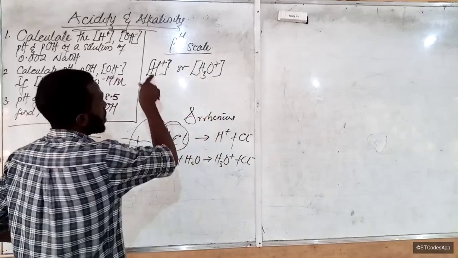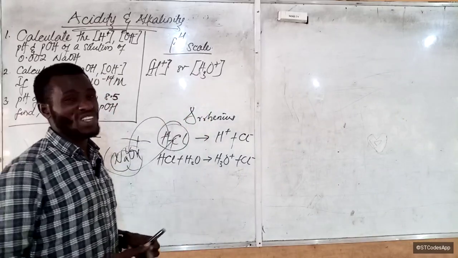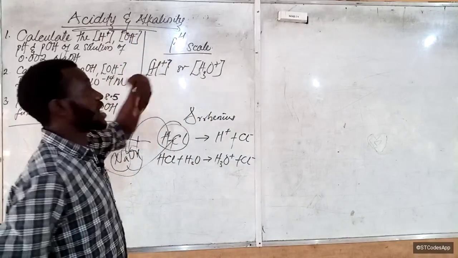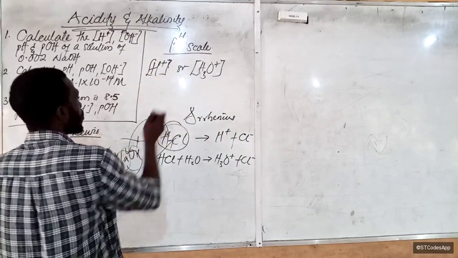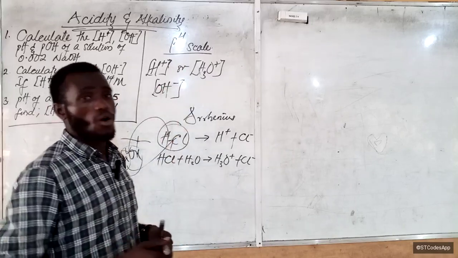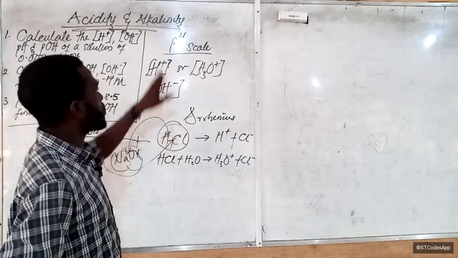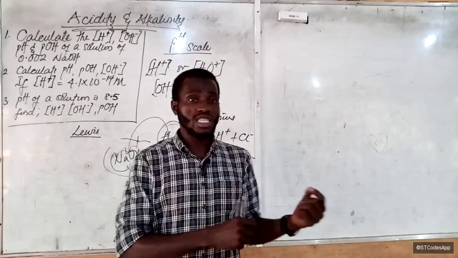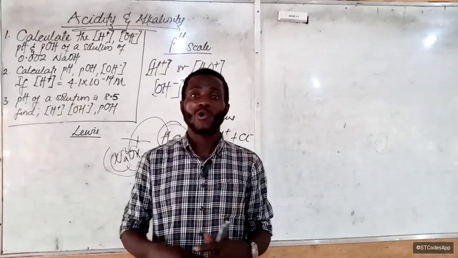So how much hydrogen ion or hydronium ion concentration is present in a particular thing? That is what we refer to as acidity. Then alkalinity is how much hydroxide ion concentration is in a substance. So a pH scale is a scale that ranges from 0 to 14 and shows the degree of acidity or alkalinity of a substance.